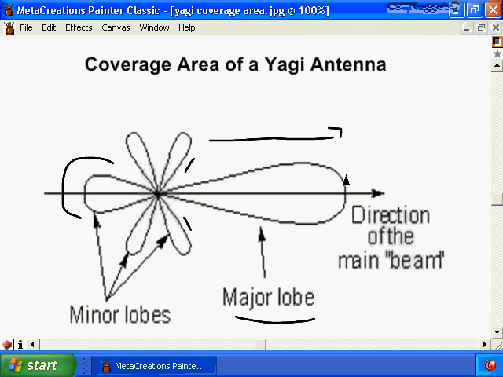Now, the width of the major lobe, or the beam, would be from here to here. This can be increased or decreased depending on how many directors we have. For example, if a Yagi antenna has additional directors, that is going to increase the directivity of the beam, because adding additional directors is going to increase the gain.